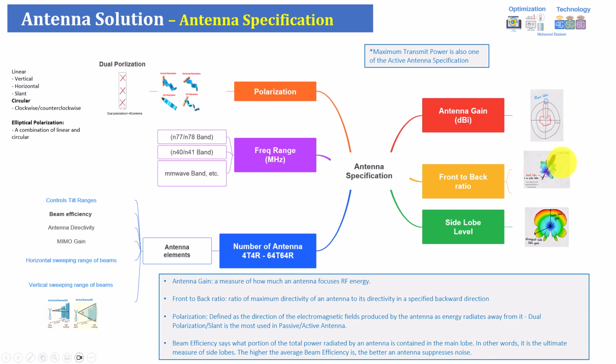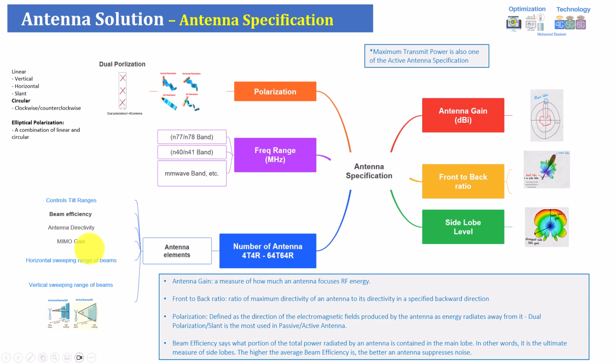For example, the higher the main lobe, the front-back ratio might decrease, and the higher the beam efficiency means you have a better antenna, and this can suppress the noise or interference from the back and side lobes as well. So if you have more antenna elements, you have better beam efficiency, and even the antenna directivity will increase. And this is a form of beamforming as well, or antenna array gain, and so on.